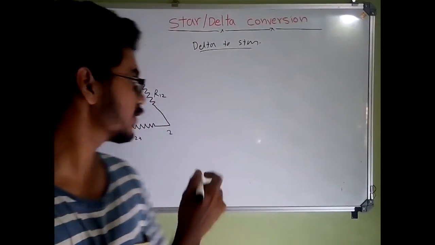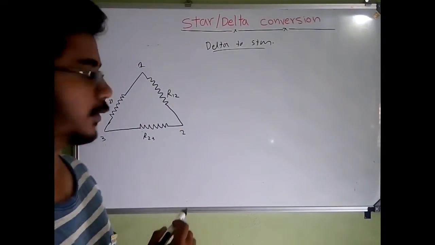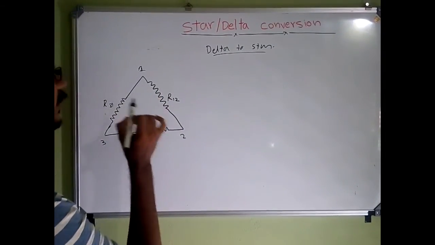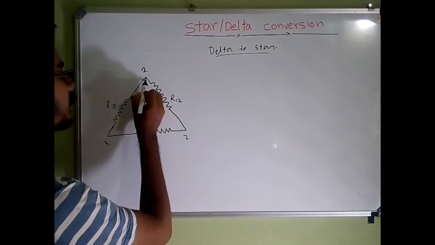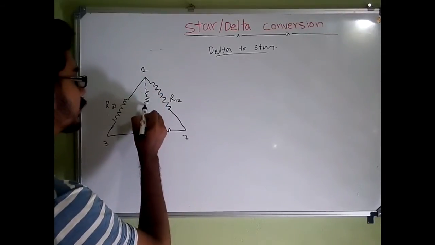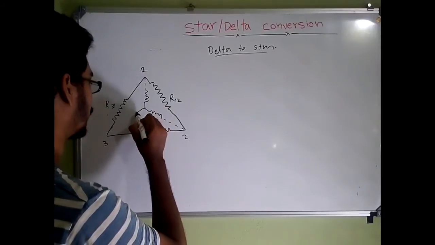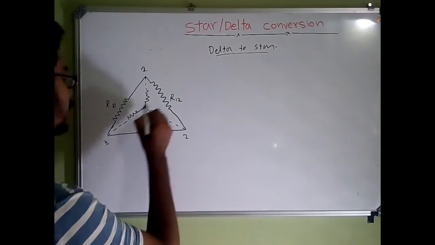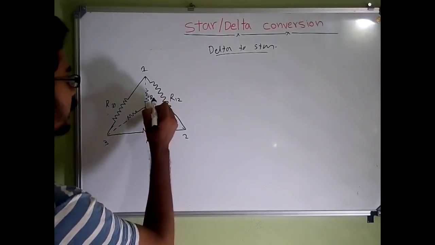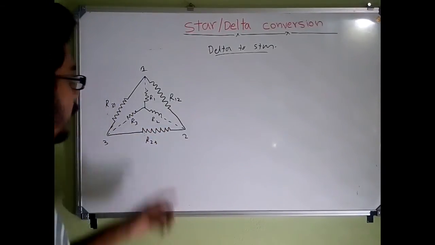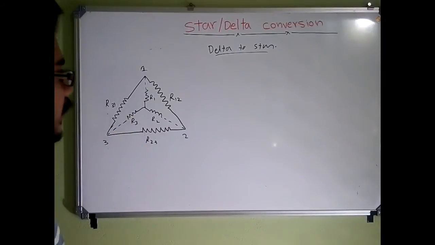Here we are going to consider delta to star configuration conversion. For that a delta network is shown. So to get star, we draw a virtual star network like this. Since this is connected to terminal 1, we can draw this R1, similarly R2, similarly R3. We have to find these values R1, R2 and R3.